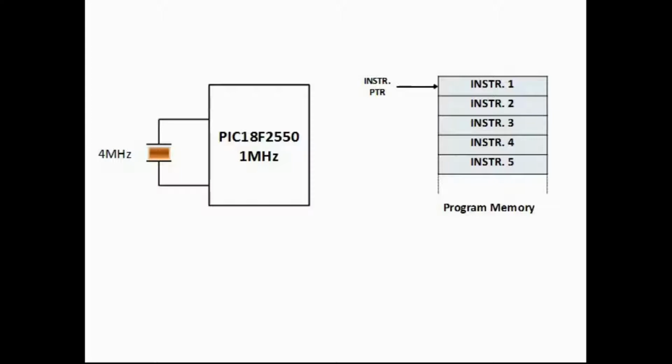So this means that this microcontroller can execute 1 million instructions per second, and by doing easy math we can figure out what time it takes to execute a single instruction, which is 1 over f, or the frequency, which is 1 over 1 million, equals 1 microsecond. So this microcontroller executes an instruction every microsecond. And if our program is just 5 instructions, it can execute it in only 5 microseconds.